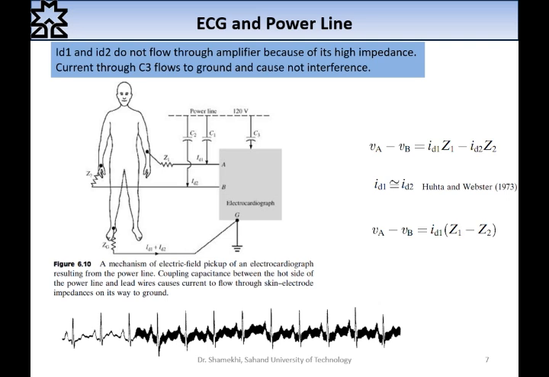You can see in this figure, we have a patient here and an electrocardiograph device here, a power line here, and we want to consider the bad effect of power line on our device and our leads, as you can see here.